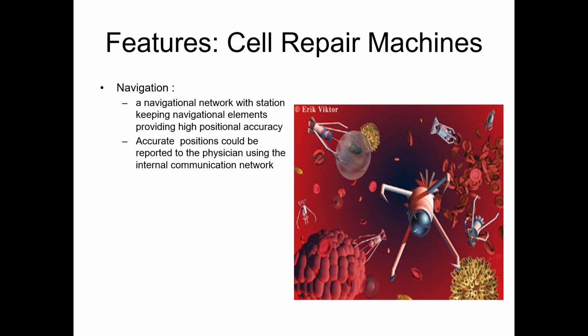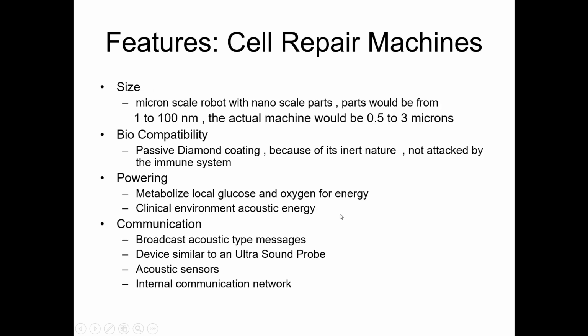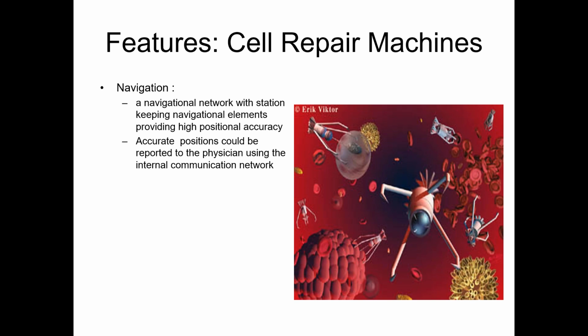The cell repair machine that we can utilize is something like you can see here in the figure. It can have all the capabilities. It should have a smaller size. It should have biocompatibility, powering tools, and along with that, it should have communication devices as well.